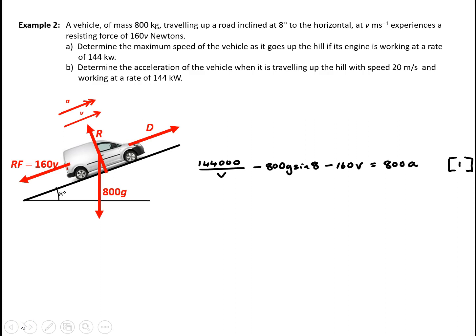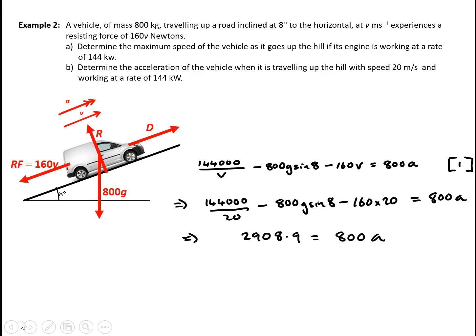Insert v equals 20 into this. So we've got 144,000 over 20 minus 800g sine 8 minus 160 times 20 must equal 800a. Work out the left hand side. 2,908.9 equals 800a. So a is 3.64 meters per second squared.